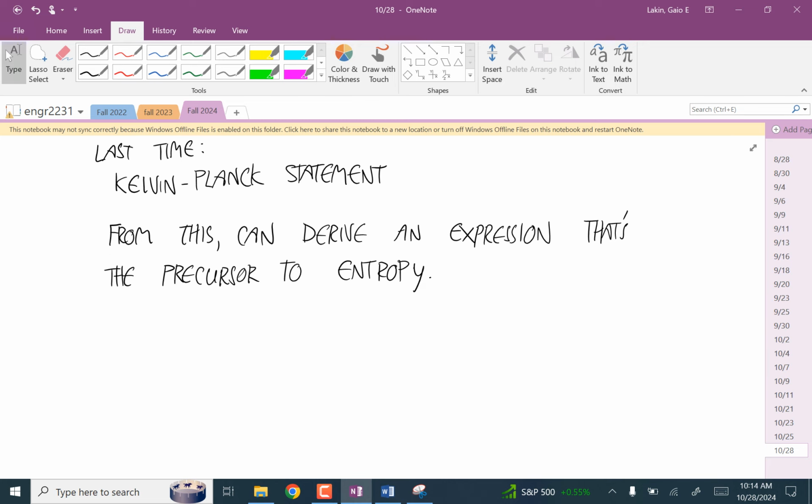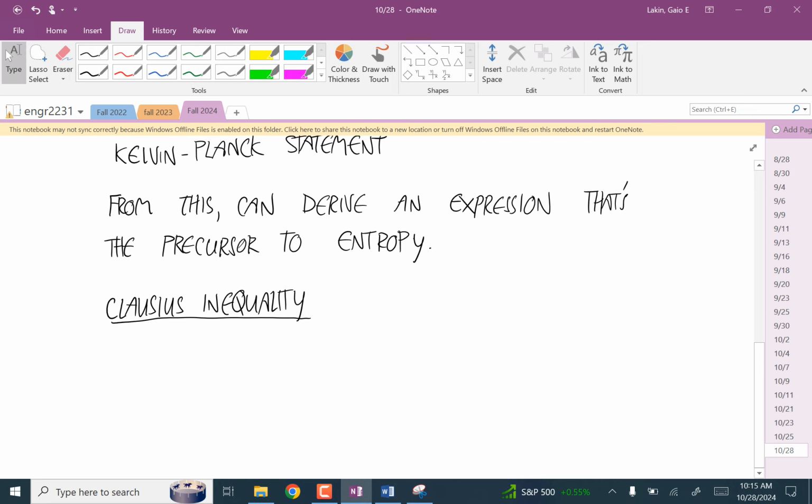This is called the Clausius inequality. It can be hard to keep all these different definitions straight. Remember, there's the Clausius statement, but you don't use that to derive the Clausius inequality. You use the Kelvin-Planck statement for the Clausius inequality.